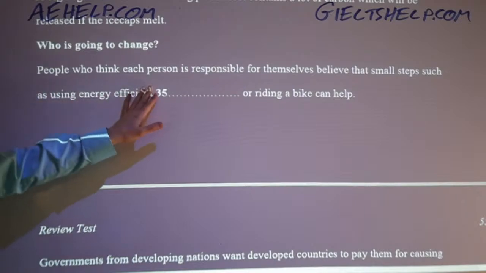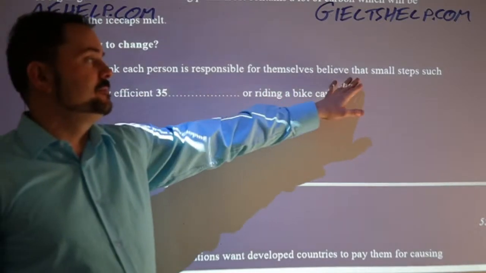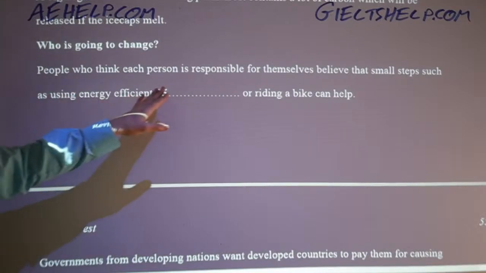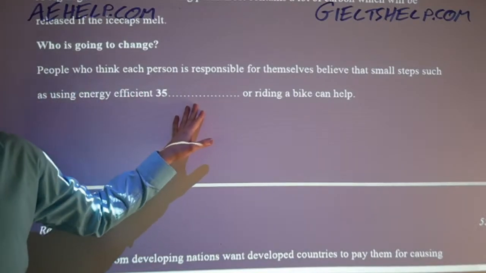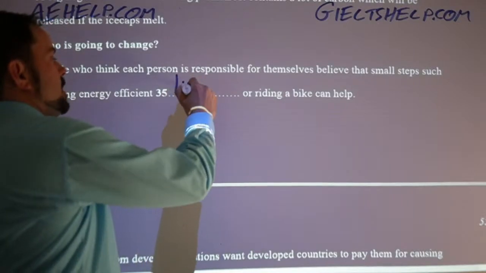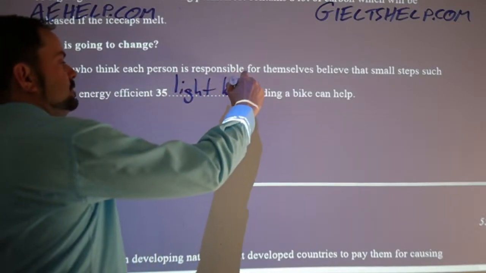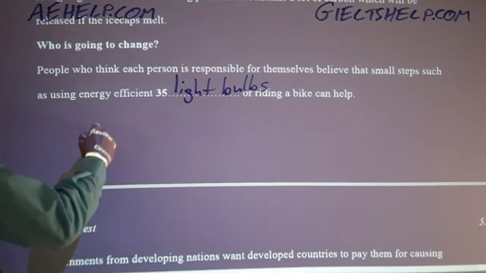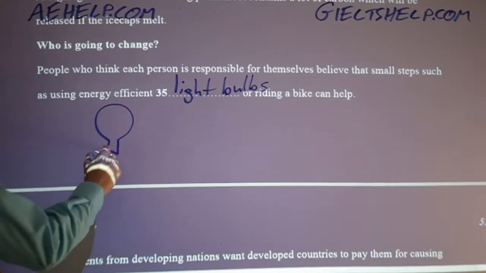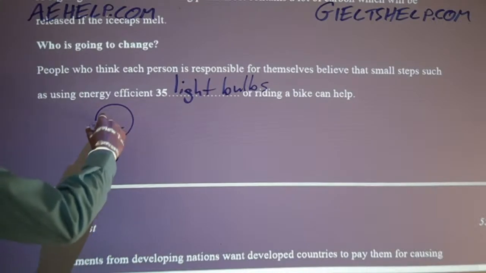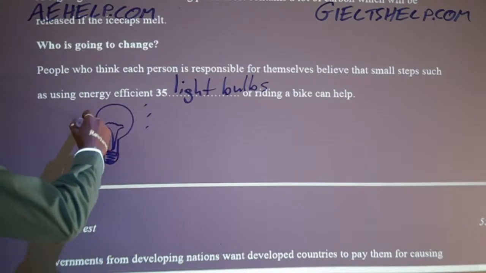People who think each person is responsible for themselves believe that small steps such as using energy efficient bulbs, or light bulbs, is more accurate. Light bulbs. Okay, a light bulb is this object here. All right, you're all familiar with it.